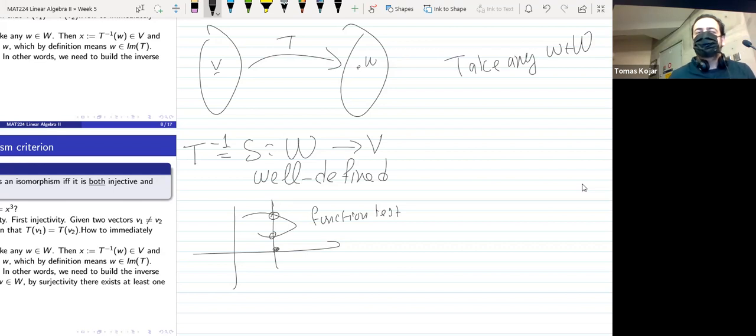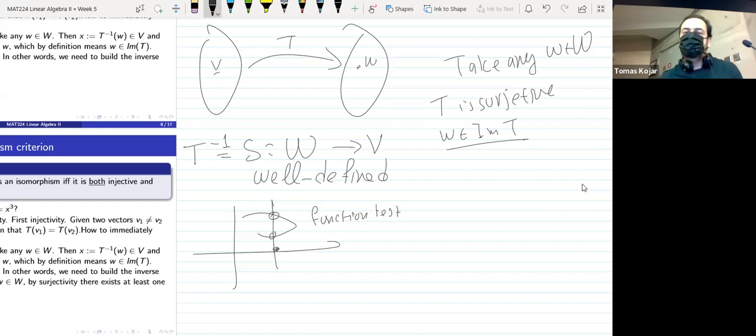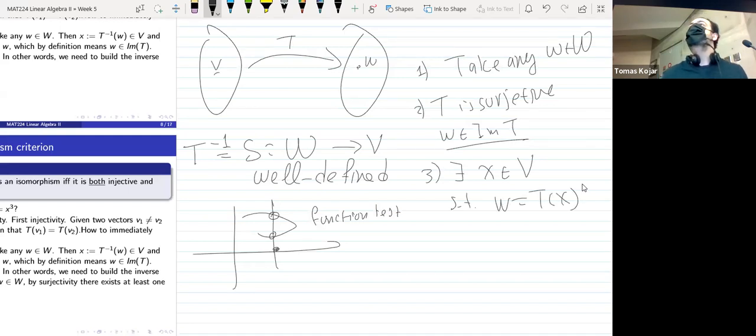So T is surjective, so W is in the image of T. Let me do it in steps. There exists X in V such that W is TX. That's the definition of being in the image.